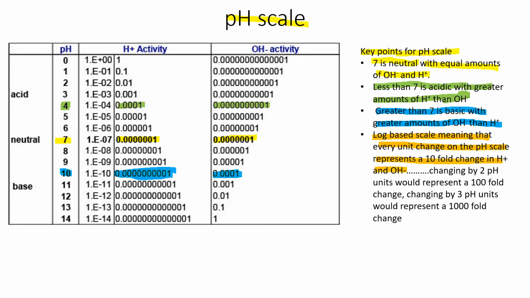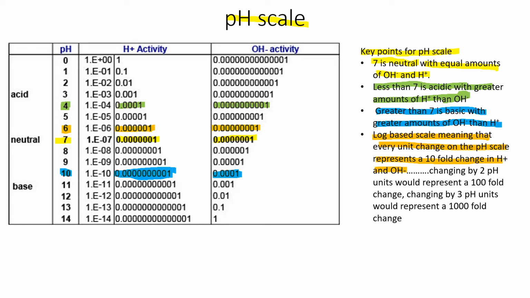So if I highlight a couple pHs in orange, if we look at pH 6 compared to pH 7, look at the H plus. You move the decimal place, and you'd see pH 6 has 10 times more H plus than pH 7. If we look on the OH minus side, pH 6 has 10 times less OH minus than pH 7.